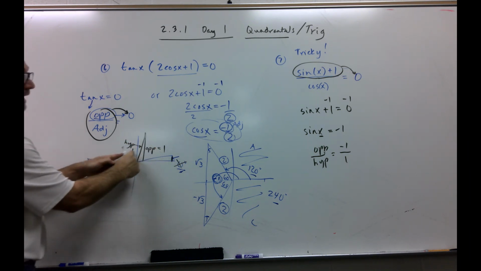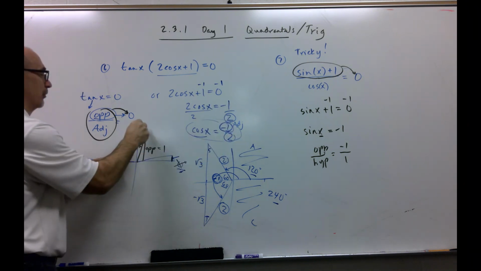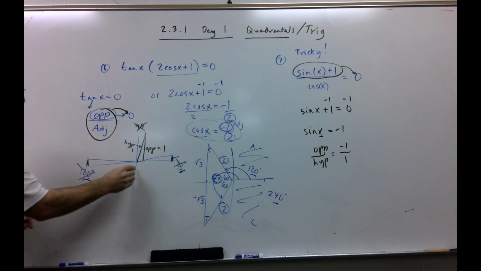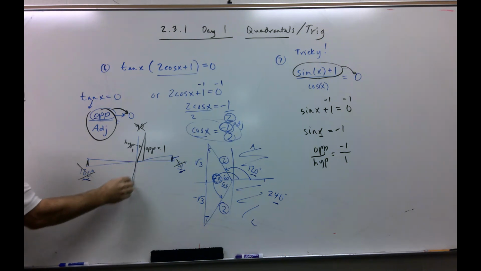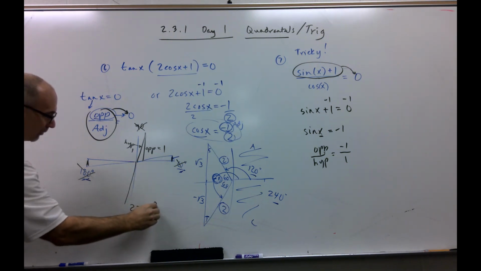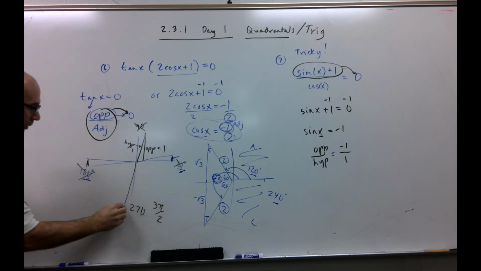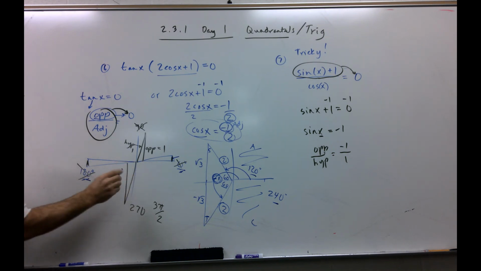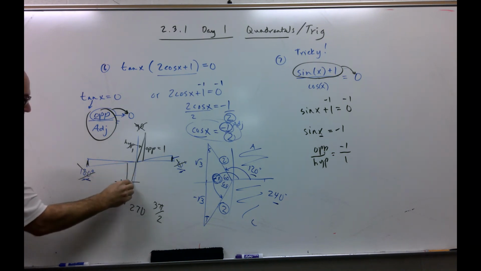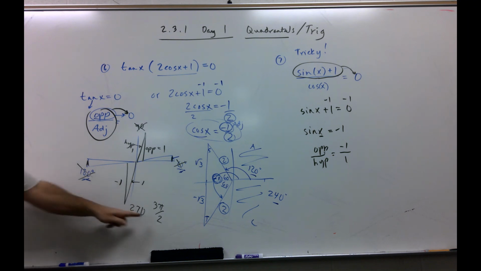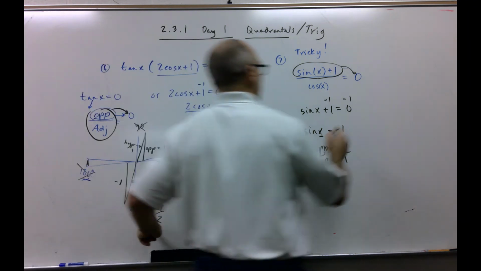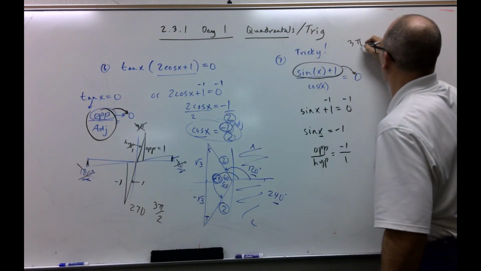Is that our answer? No, because we need a negative. So 90 is not part of our answer. But if we flip the spinner all the way down to 270, which is 3 pi over 2, there's my opposite side, negative 1. There's my hypotenuse 1. Sweet, there's my answer. My answer must be 3 pi over 2.